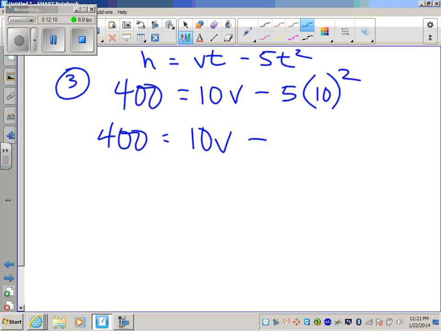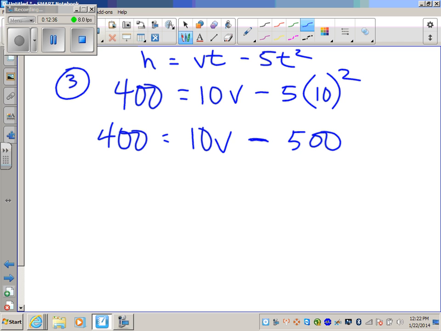Now, what is 5 times 10 squared? Which one has to be done first, the multiplication or the power? The power. What is 10 squared? 100 times 5? 500. Okay. Now, we need to find v, so let's try to isolate v as much as possible.